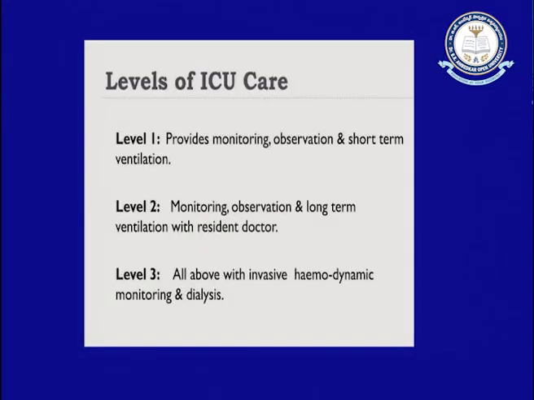The patient is not so critically ill, but there is some threat to life. The providers monitor and observe the condition of the patient and, if required, put the patient on ventilation for a shorter duration. Once the patient recovers, the patient is taken off ventilation and the movement to other care areas is planned.